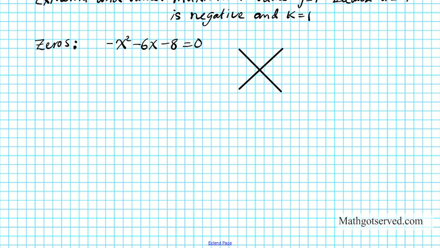So AC is going to be negative 1 times negative 8, which is positive 8. B is negative 6. If you work it out, you have 2 and 4. But the sum is negative, so these two have to be negative. Put it back in here, we have negative x squared minus 2x minus 4x minus 8 equals 0.